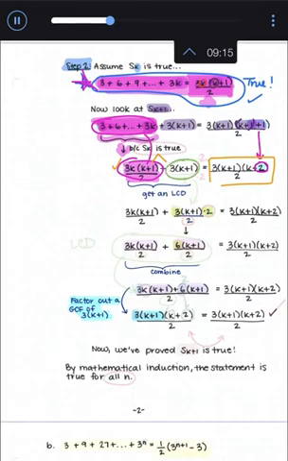Well, I need to get a common denominator. Currently, it has a 1 on the bottom. So how do I get a common denominator? I'm going to multiply the top and the bottom by 2 to get a common denominator. Notice that's what I did here, multiplied the top and the bottom by 2.